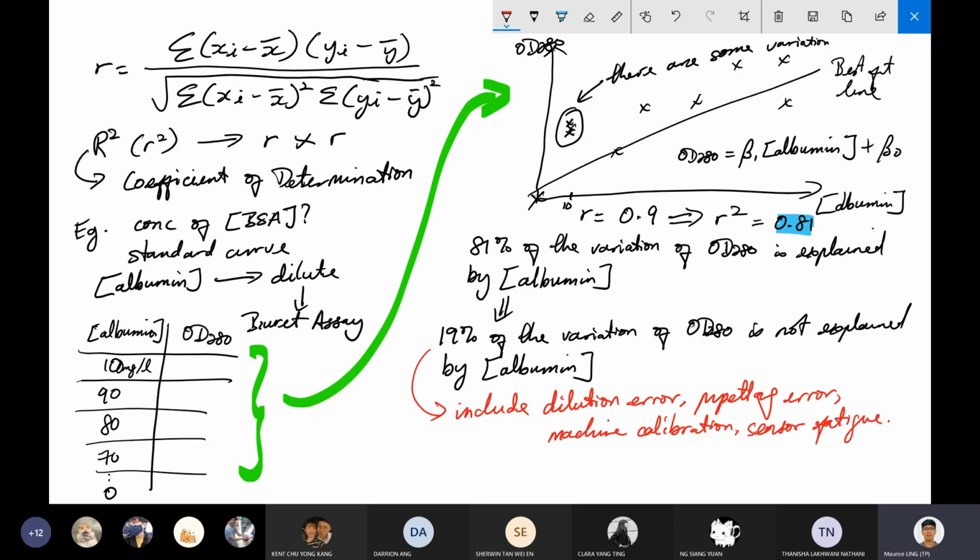This is why when you do all these experiments, we always tell you don't leave your spectrophotometer cover on because the sensor can be stressed out. Okay, so that is what your coefficient of determination really means. And it can be very useful. The better it is, Pearson's correlation coefficient, the closer to 1, the better it is, or closer to -1, the better it is.